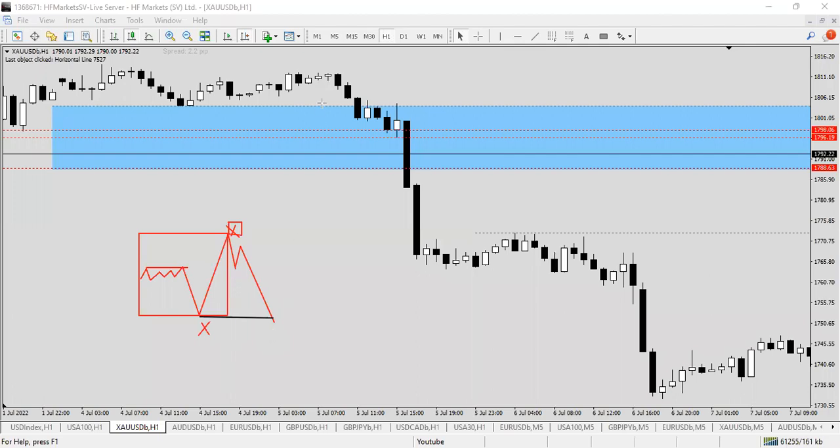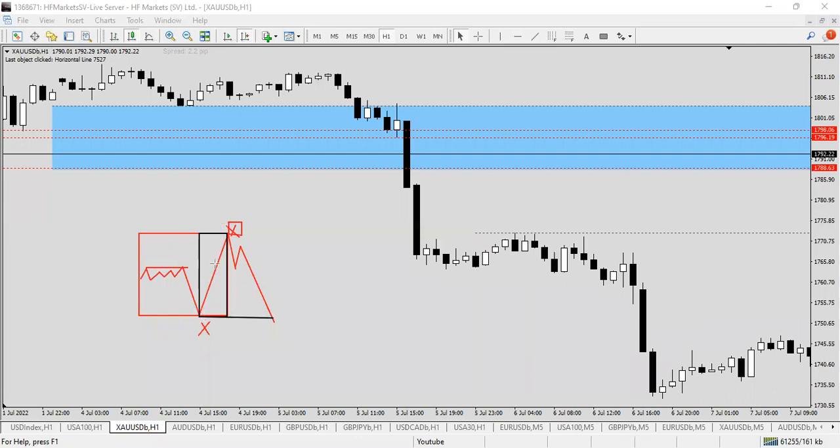Reason number one, after we have this high being formed, inside here, we now have something that has to be significant in the future. This is our dealing range.